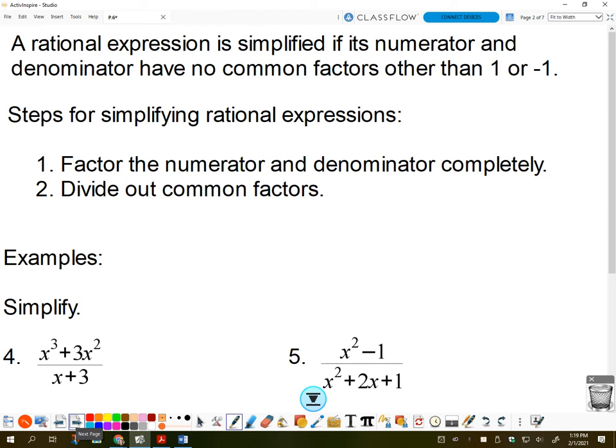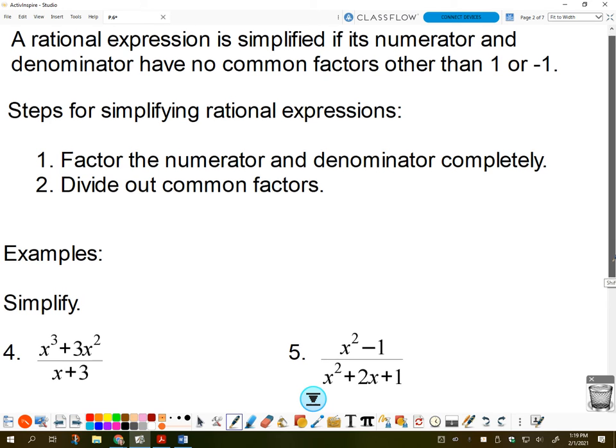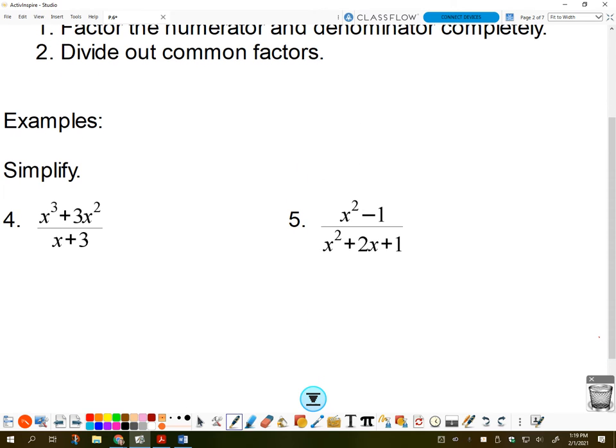To simplify rational expressions, you're going to factor the numerator and the denominator and then divide off common factors. A big mistake that I see is people will look at this problem and say, ooh, there's an x, there's an x, there's a 3, there's a 3, and cancel those out. You can't cancel when there's addition or subtraction.